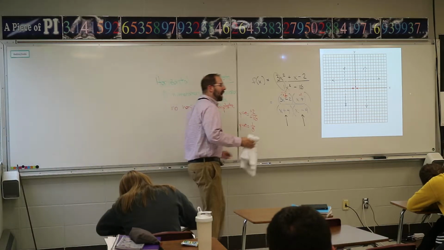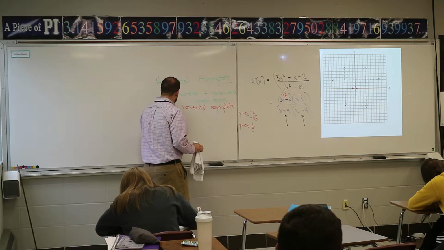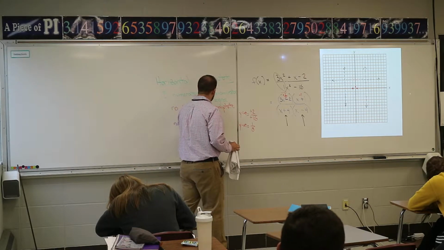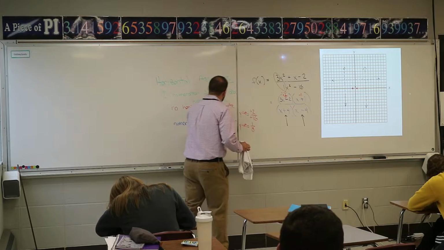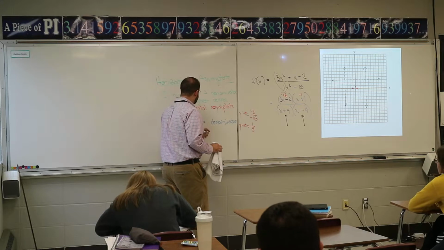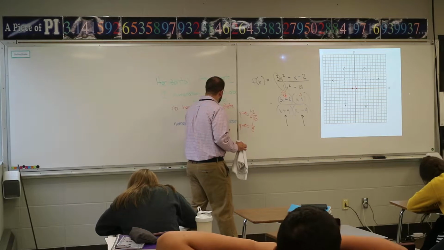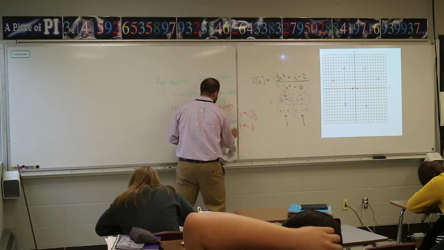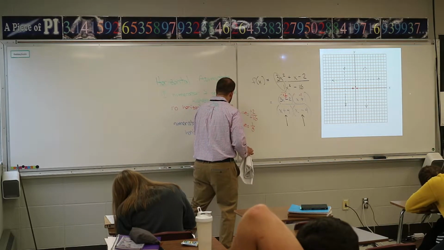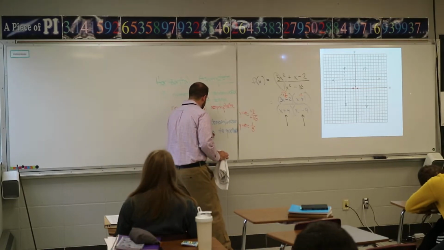If they're the same power, this is rule number 2. If the numerator is equal to the denominator in power, then the horizontal is at the quotient of the leading coefficients, the leading numbers.